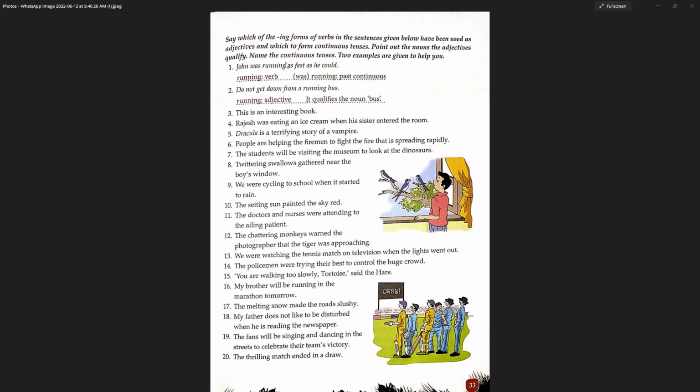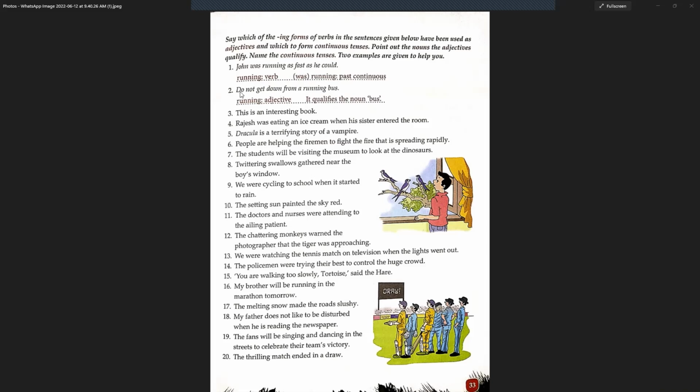Because there is "was". Exactly, right? So the helping verb tells us the tense that the sentence belongs to. Running is the verb; was running is past continuous. This "was" tells us the tense of the sentence, okay?